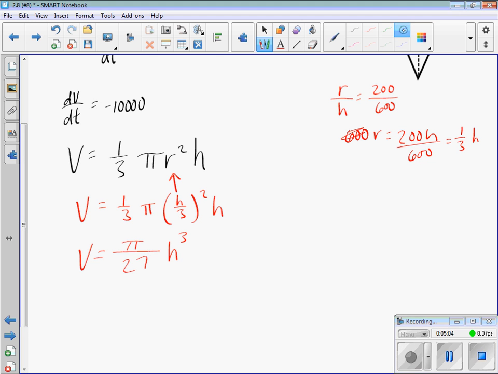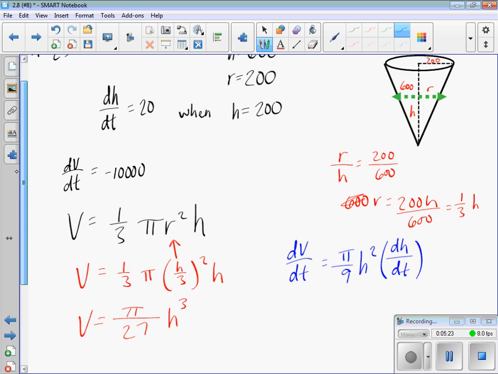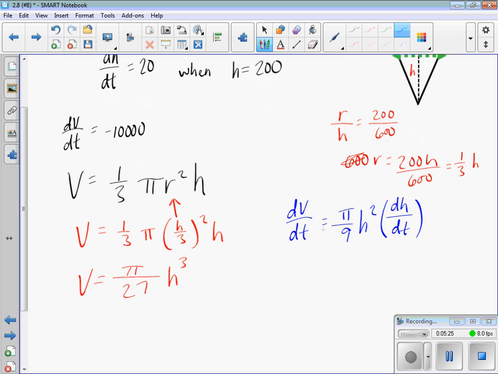So if I take the derivative, I get dV/dt equals, if I multiply by 3, I just get pi over 9 h squared, and then dh/dt. Does that look okay to everybody? So what am I plugging in for h from above? 200. And what am I plugging in for dh/dt? 20, right?